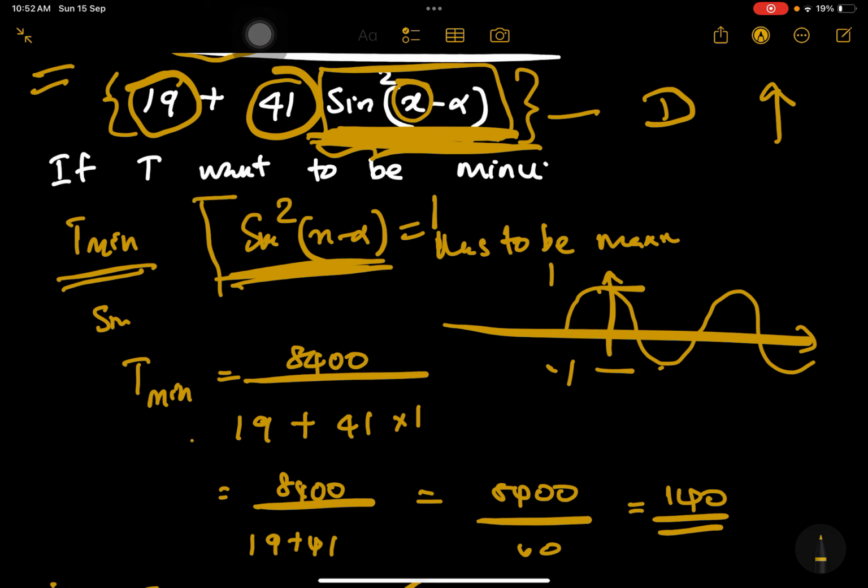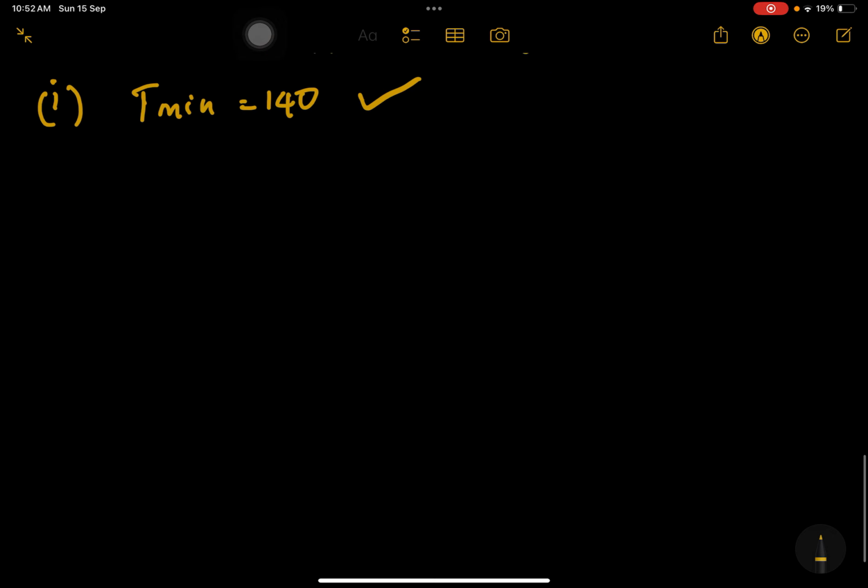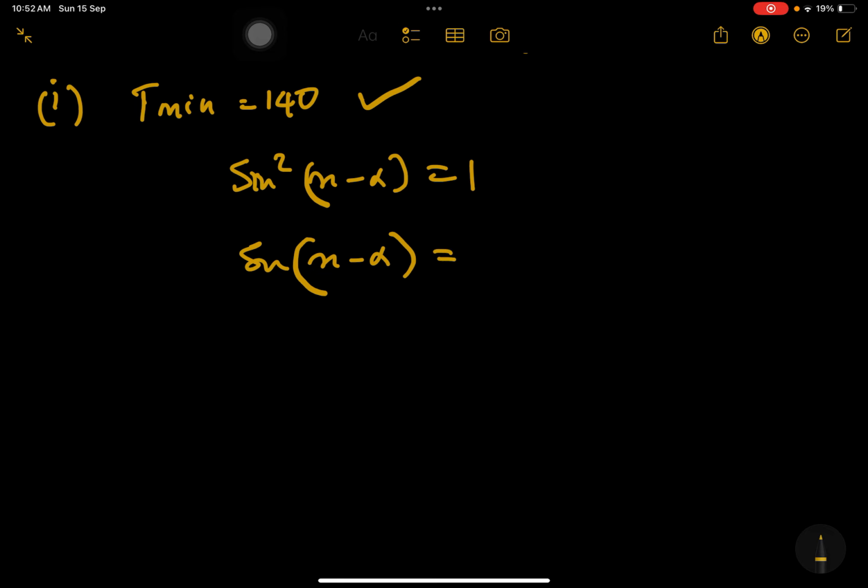To find the x value, this sine squared term is going to be 1, so sine (x minus alpha) is 1. For which angle is the sine value 1? Ninety. Sine 90 is 1. So x minus alpha is going to be 90 degrees.